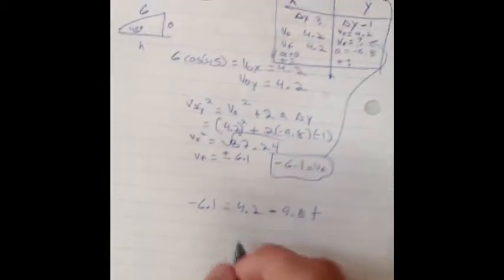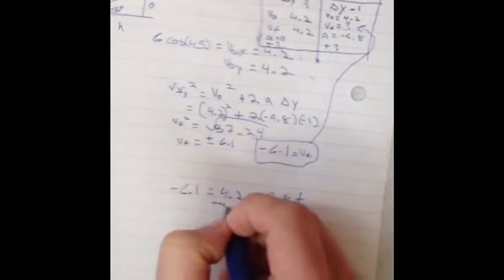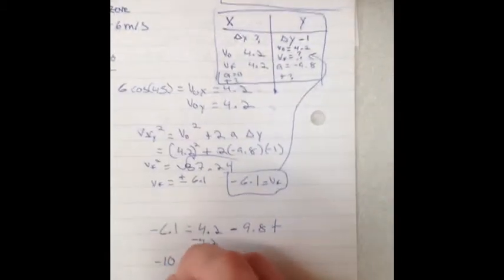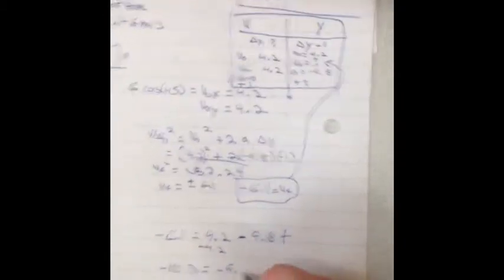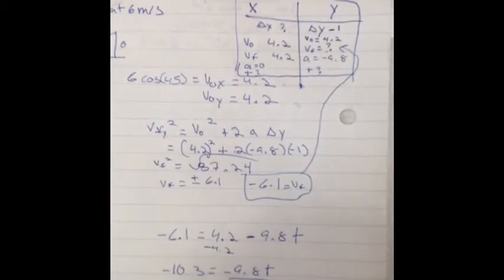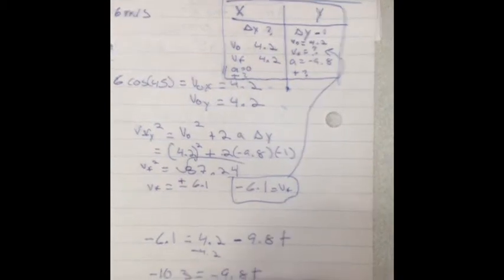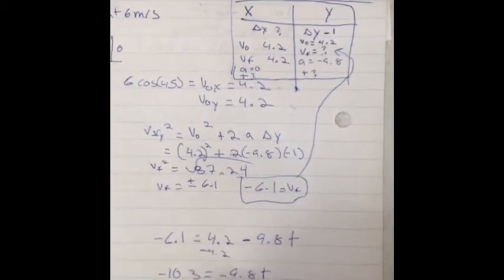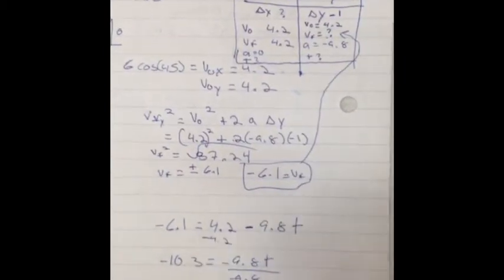Okay, so subtract this. It's going to be negative 10.3 equals negative 9.8 times time, divide by negative 9.8, and we get time equals 1.05. So boom, now we have time.